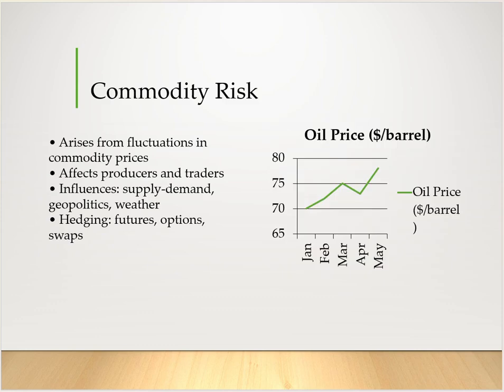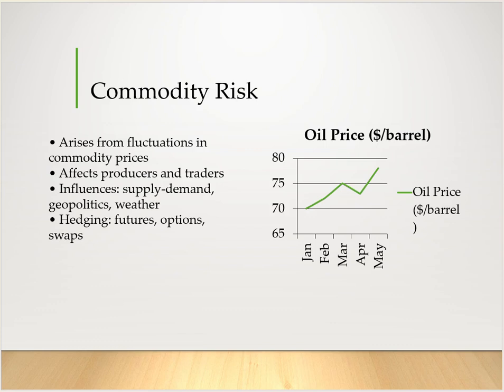So let's move on to the next slide, which is commodity risk. What is commodity risk? Commodity risks arise from price fluctuations in oil, gold, or agriculture products or agriculture inputs. They are affected by supply and demand, geopolitics and weather conditions.